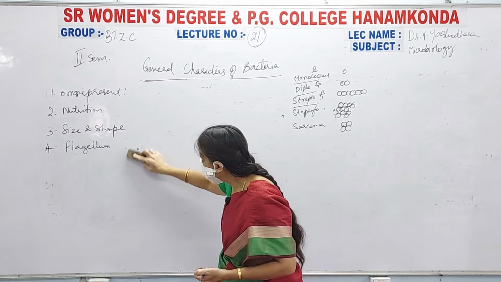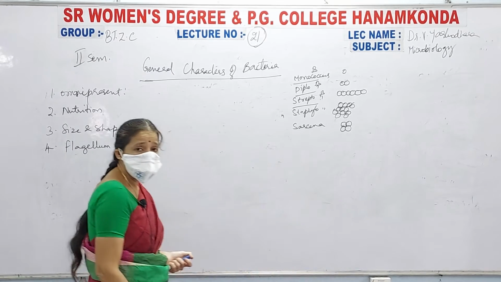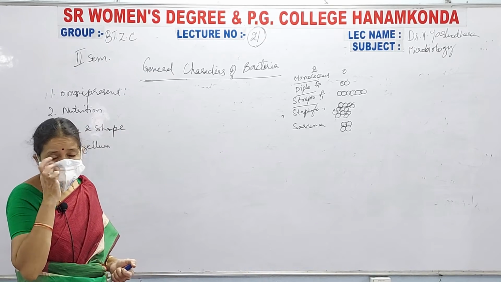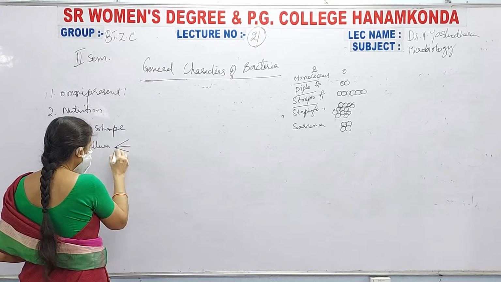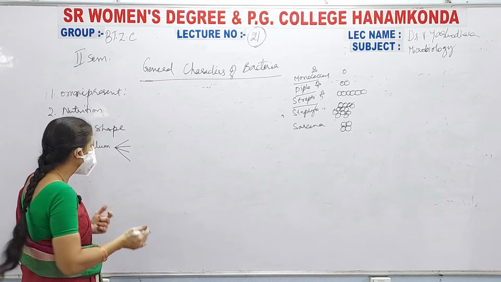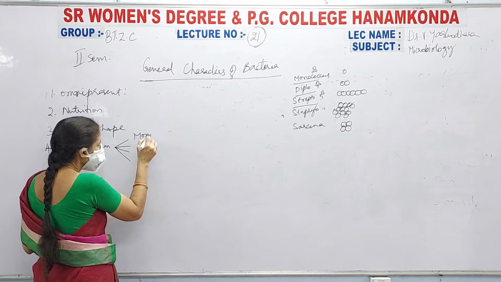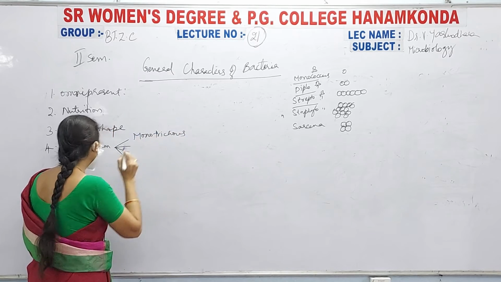Now, the flagellum present in the bacterial cells is of 5 types. First, the flagellum may be monotrichous. Why is it called trichous?